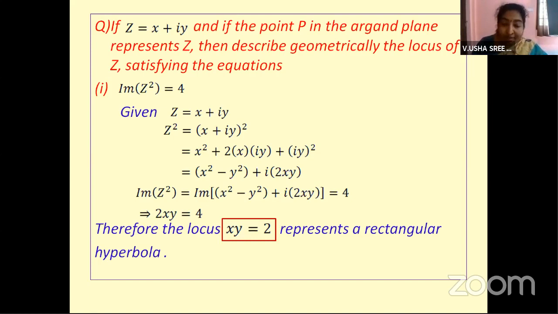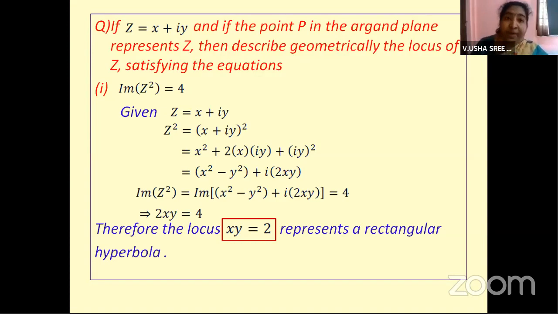Now, I was talking about hyperbola, children, in the previous slides. That is x square by a square minus y square by b square equal to 1. Now, one specific case in hyperbola is rectangular hyperbola. Generally, when you talk of rectangular hyperbola, it will have two forms. One form is x square minus y square equal to a square.